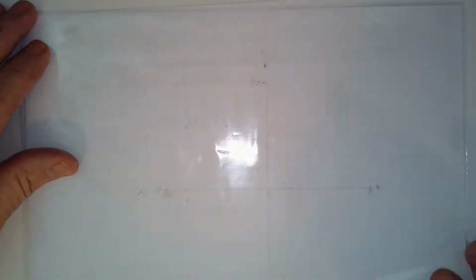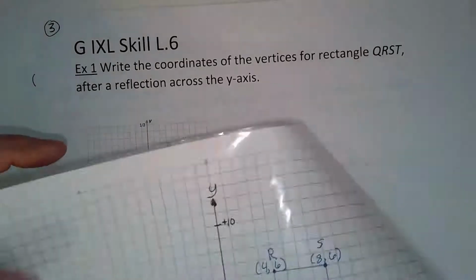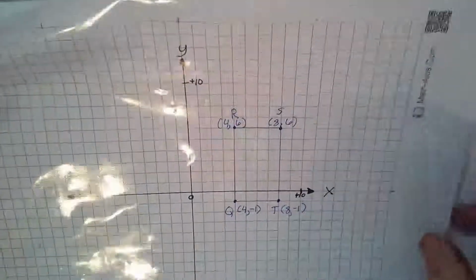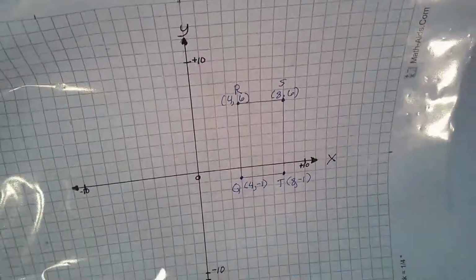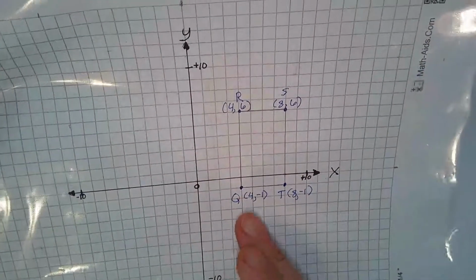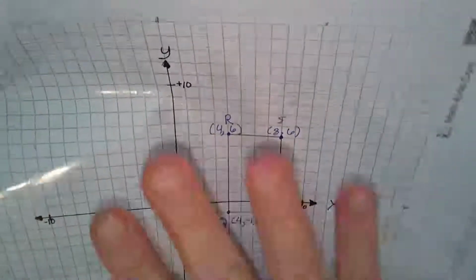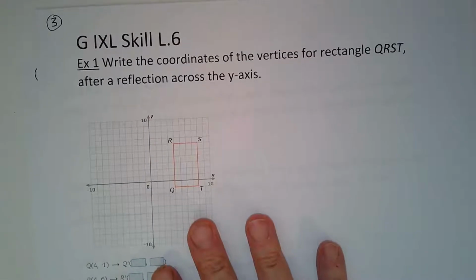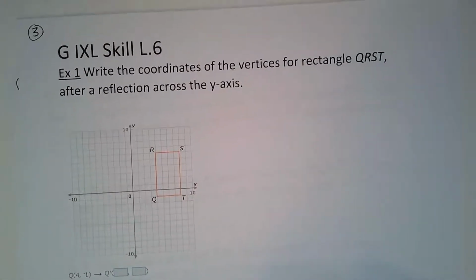And because I want to do some work on a graph on an XY coordinate chart, what I've done is I took my sheet of graph paper, and you'll notice underneath here I drew an XY axis, and I drew what would be our first problem. So I'm going to have that problem there. We're going to go over it here in just a minute. I'm going to set this to the side, but I'm going to bring it back as we move through the information that we've got in front of us.